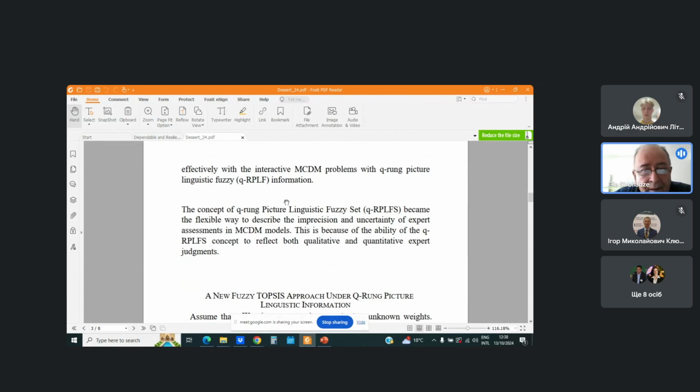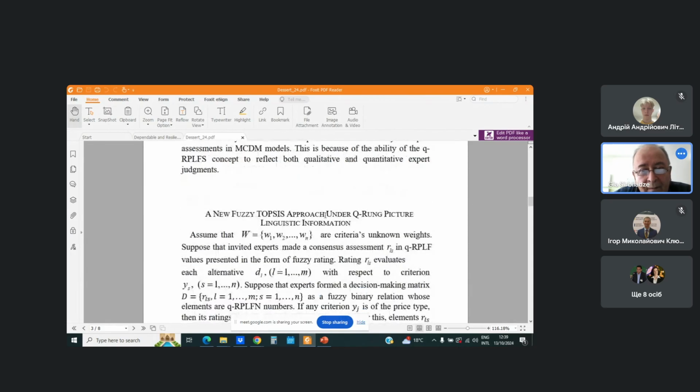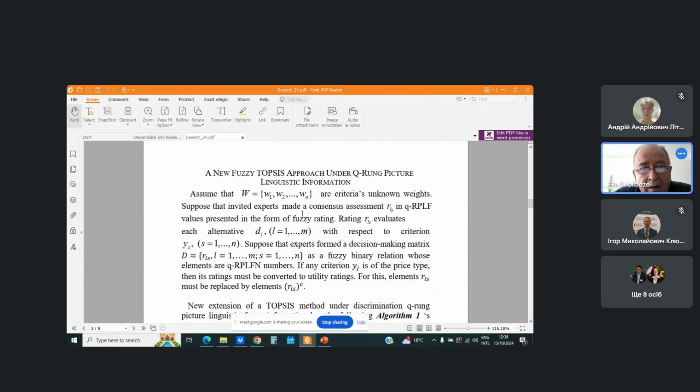And this kind of fuzzy number also proved to be very flexible because these numbers are able to express such properties like qualitative and quantitative characteristics of expert judgments. So let's start in more detail how the algorithm works.